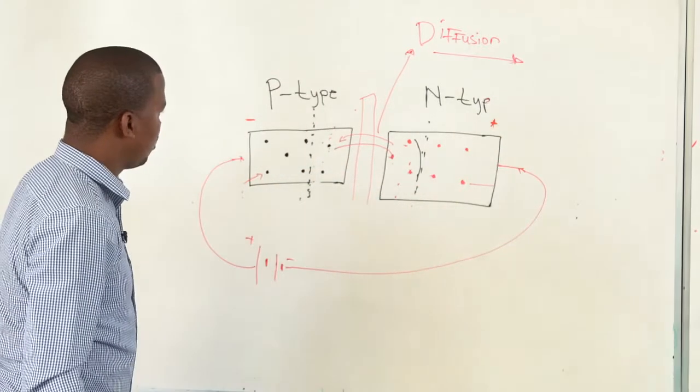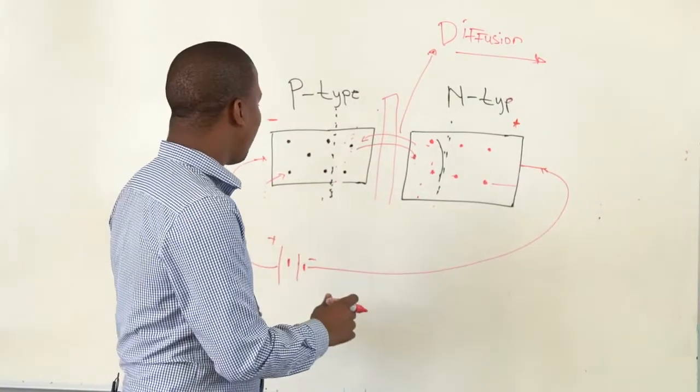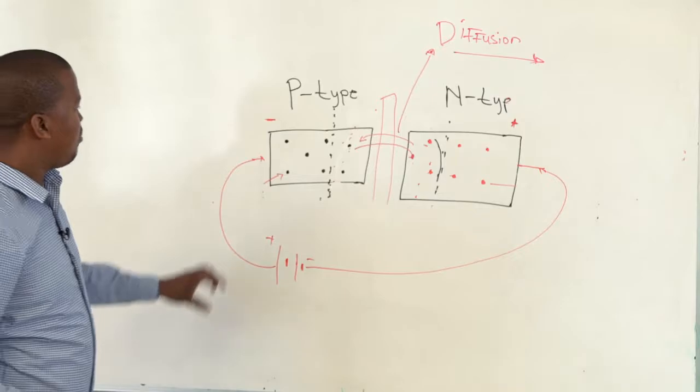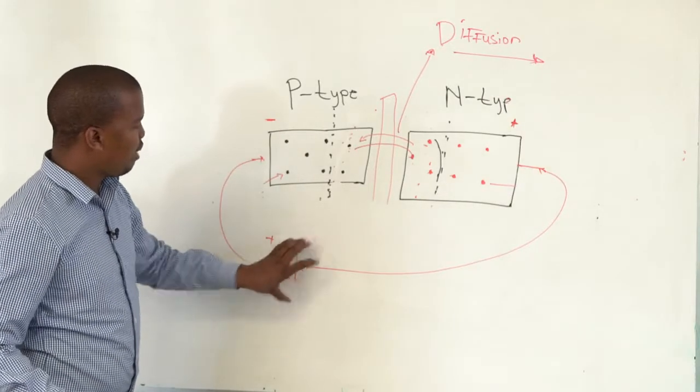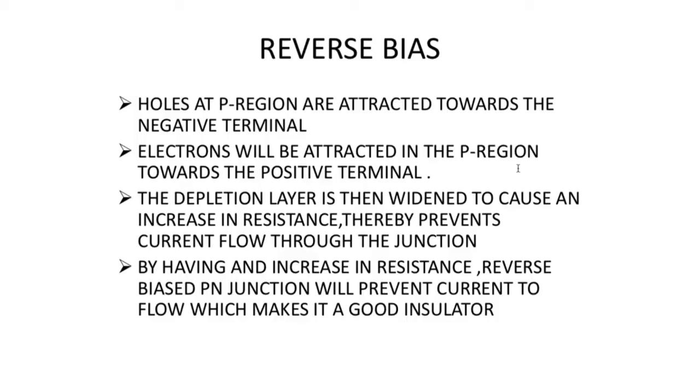So this is exactly what they are talking about when they say a p-n junction is connected across a voltage source. Going back to our slides, holes at the p region are attracted towards the negative terminal. Electrons will be attracted in the n region towards the positive terminal. The depletion layer is then widened to cause an increase in resistance, thereby preventing current from flowing through the junction.